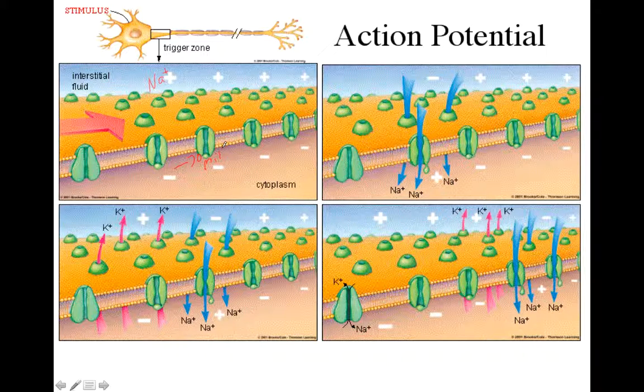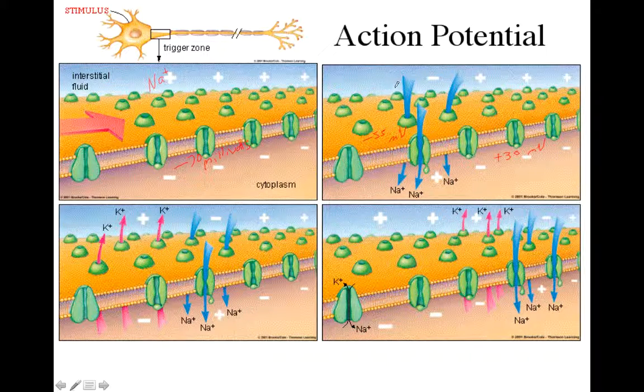So -70 millivolts, and the threshold stimulus where you're actually getting an action potential is -55 millivolts. Okay. Once you reach threshold potential, you're going to have an action potential, and that action potential travels down there, causing a positive 30 millivolt difference.